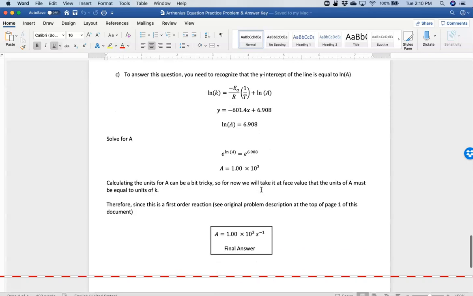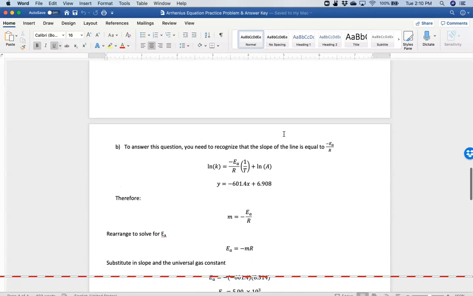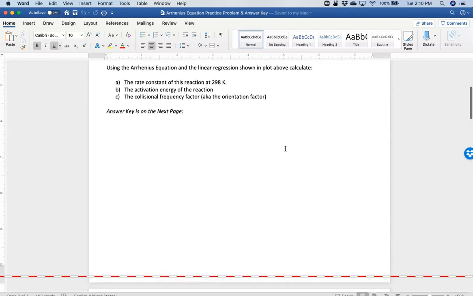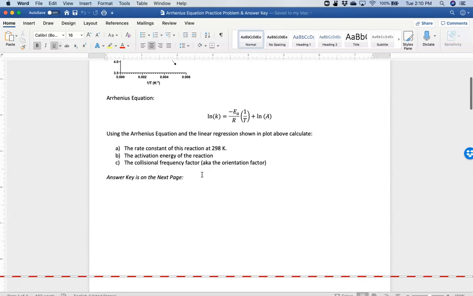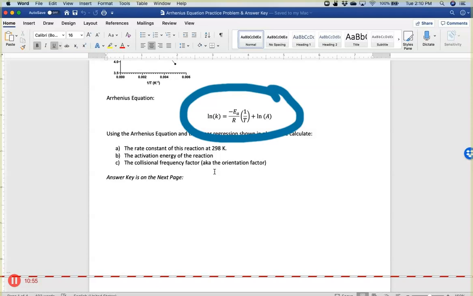The last question, let's go back up, for part C, is asking for the collisional frequency factor, or the orientation factor. So again, I ask myself, what am I looking for? There's my Arrhenius equation.